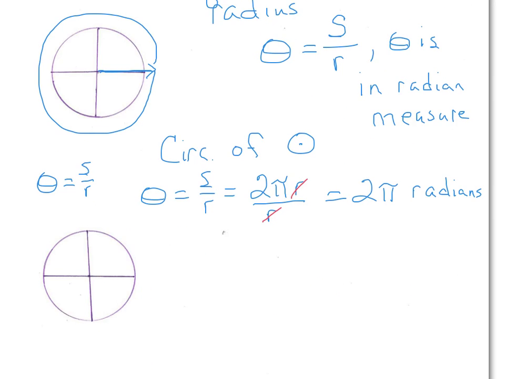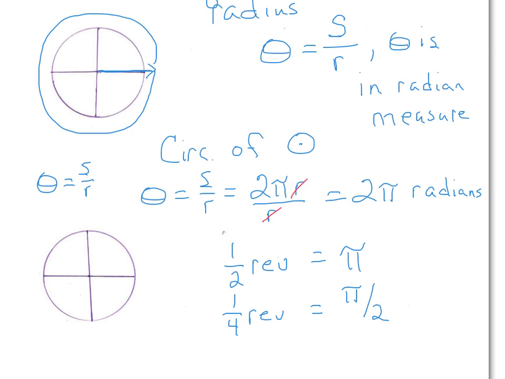If one complete revolution is equal to 2 pi radians, what would half of a revolution be equal to in radian measure? Pi radians. What about 1/4 of a revolution? Pi over 2 radians.